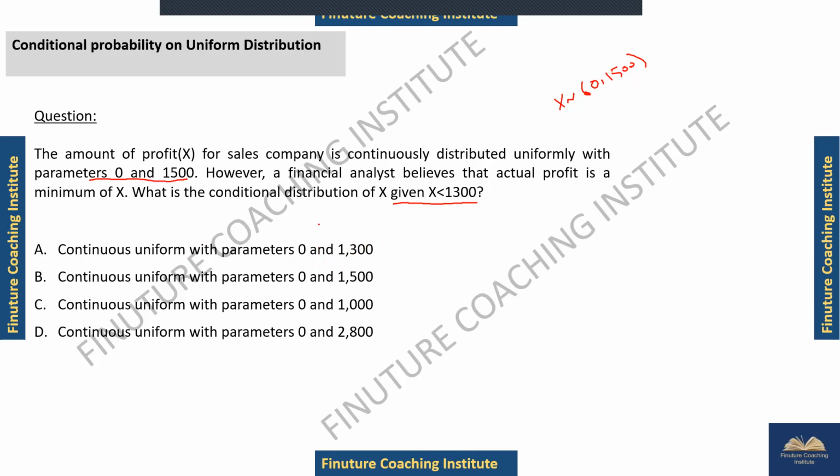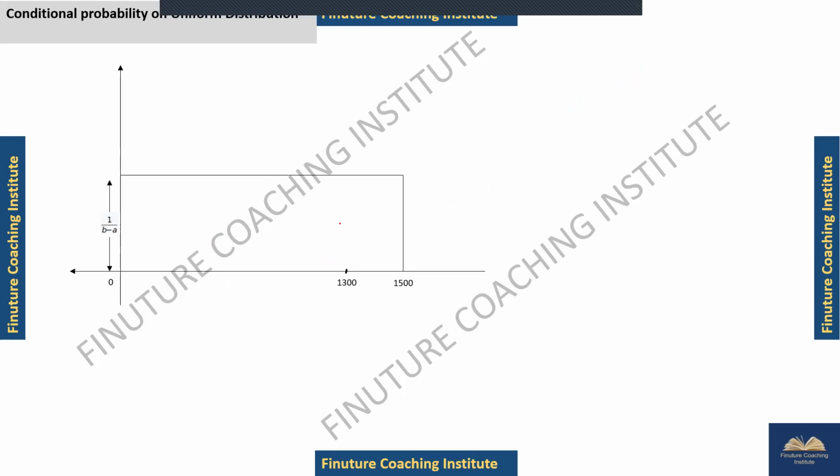Before we explore the options, let's have a look at some basics of uniform distribution in the context of this example. X was uniformly distributed with parameters 0 and 1500, which means the lower bound for this distribution is 0 and the upper bound is 1500. These are the values that X can take.